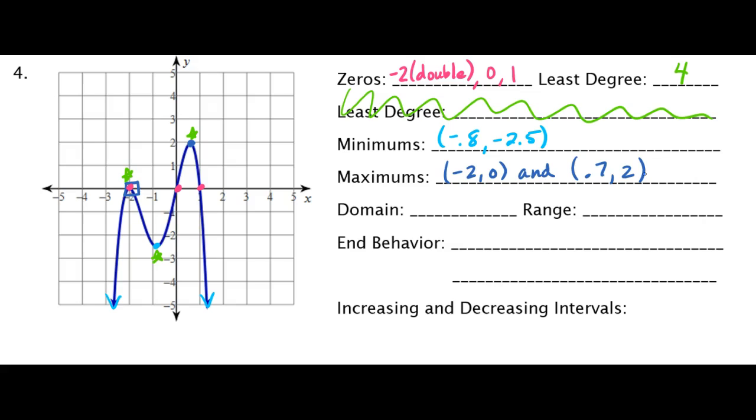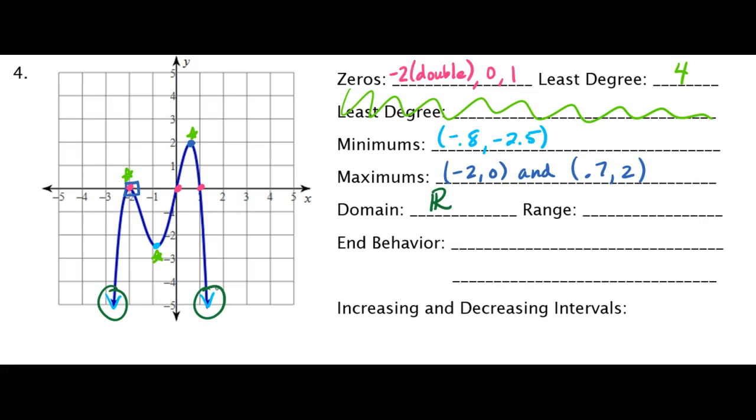The domain is going to be all real numbers because if I followed the graph all the way to the left and all the way to the right, it would go forever and ever. So I'm going to put all real numbers for the domain. The range is not quite as easy. Because the arrows, and I'm talking about these arrows down here, face the same direction, it means that there is going to be either a maximum value or a minimum value.